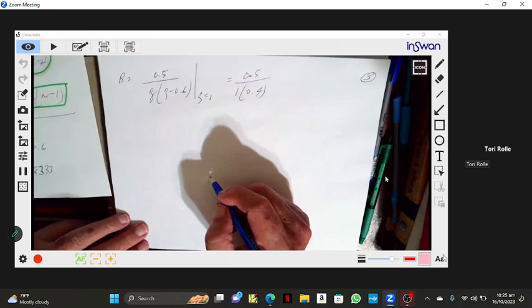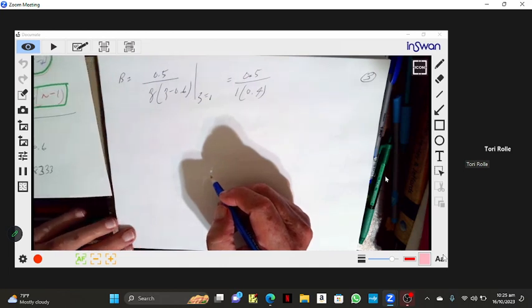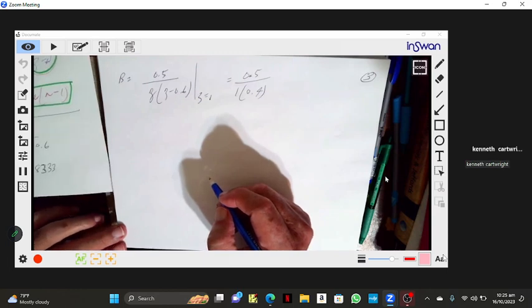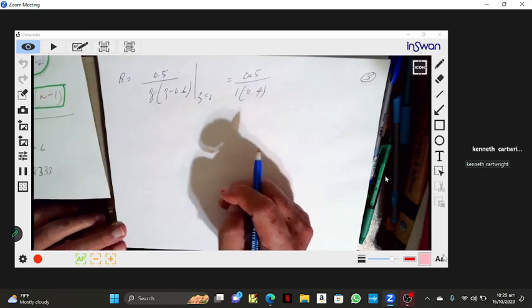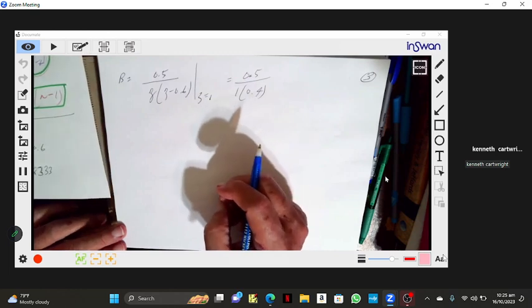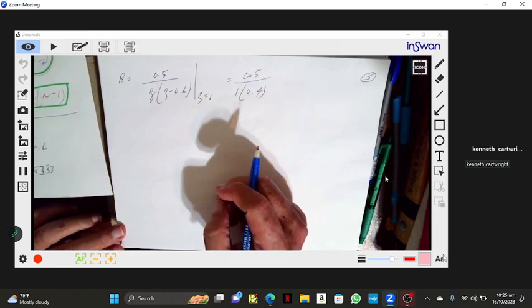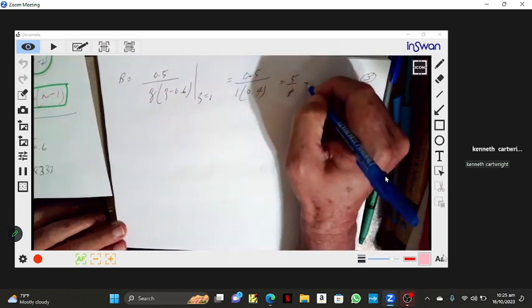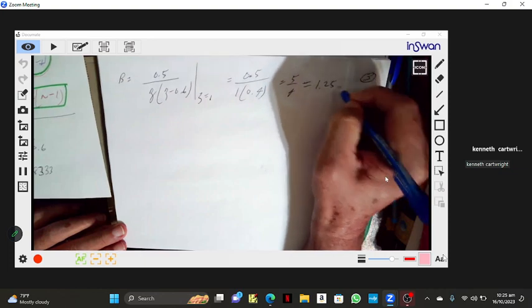The one outside the bracket in the denominator. I thought that was a 3, not a Z. Then why did I write A over Z? If that was a 3, why would I have written A over 3? That would not have made any sense. So this is 5 over 4 equals 1.25.